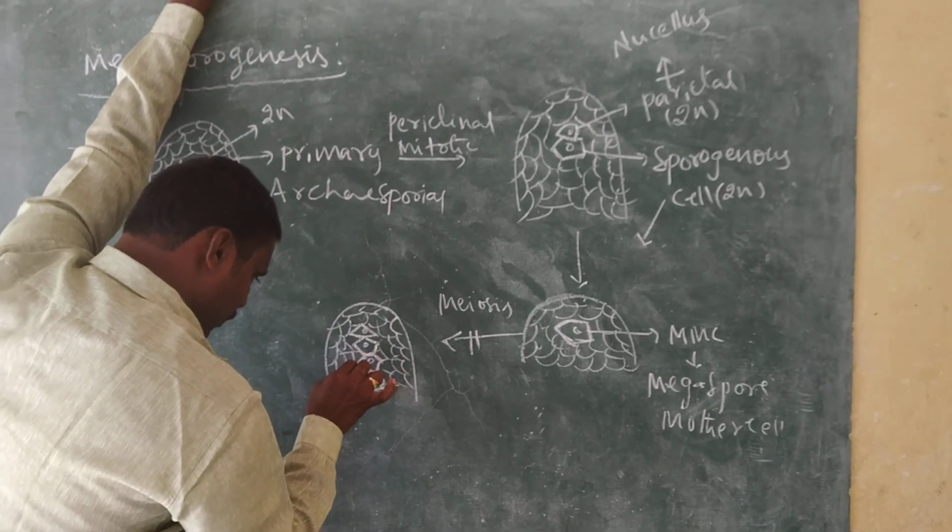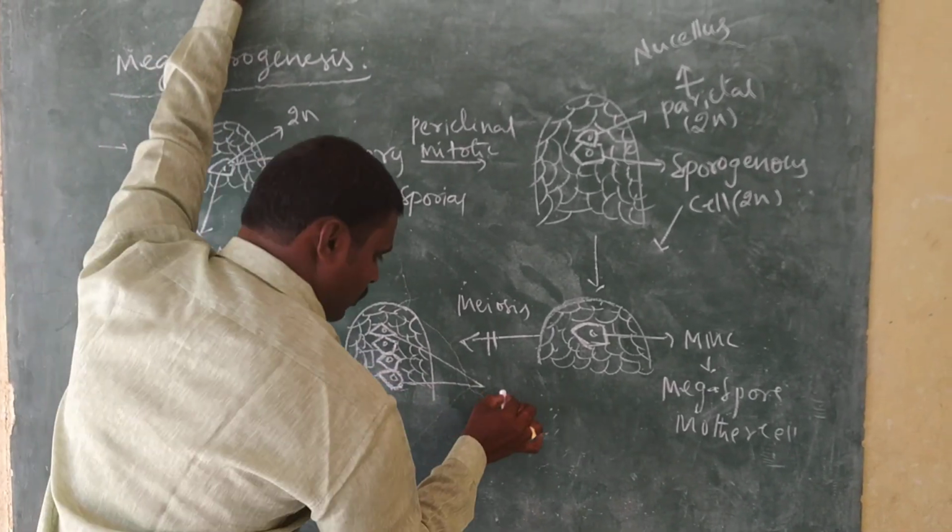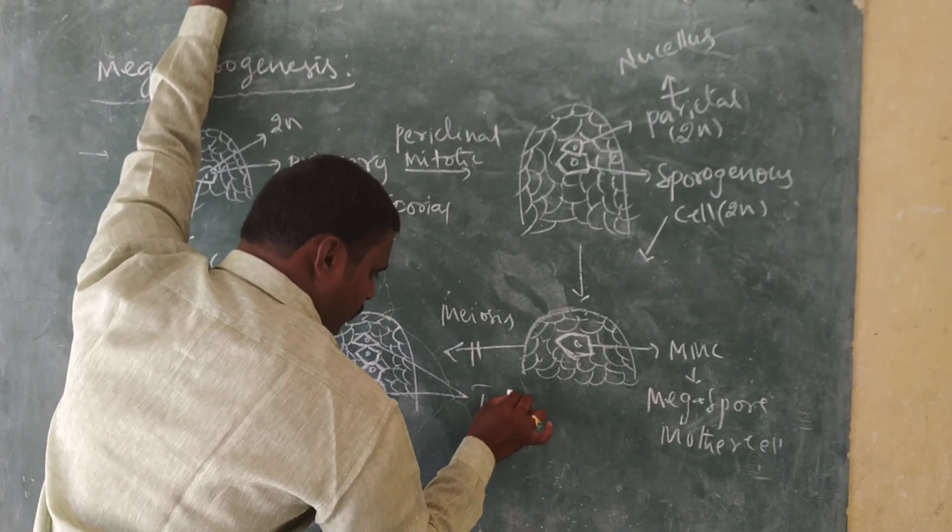As a result, it produces a linear tetrad of megaspores.